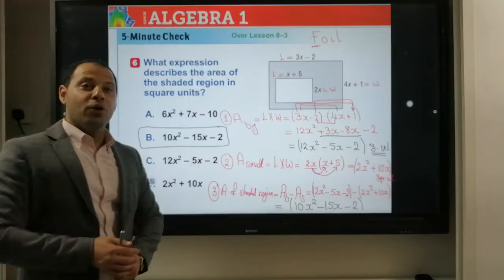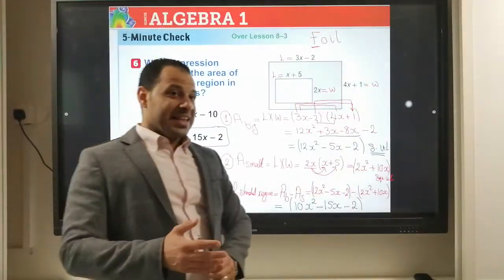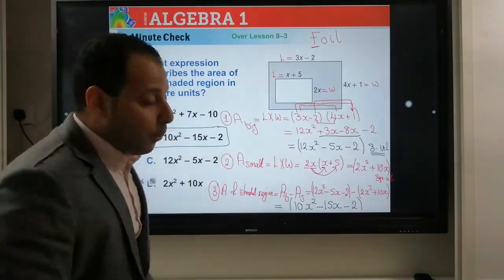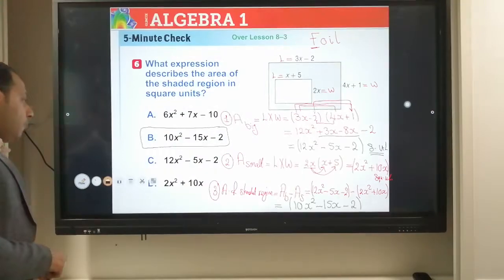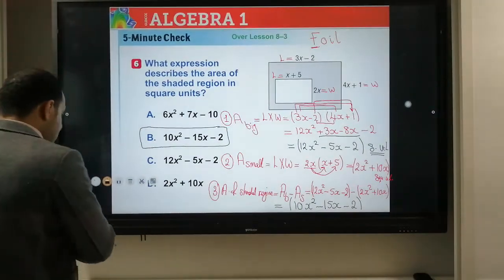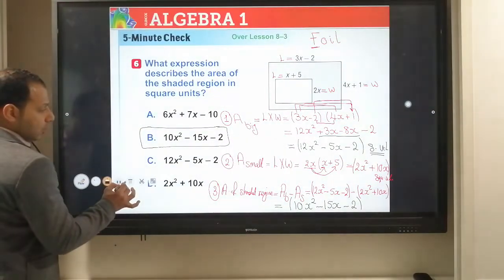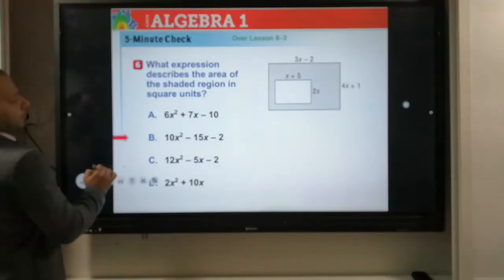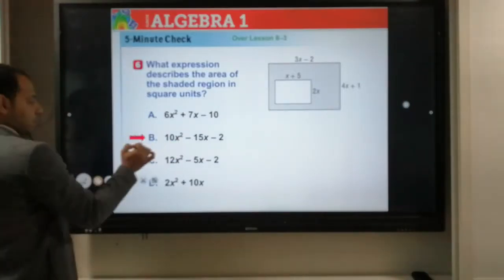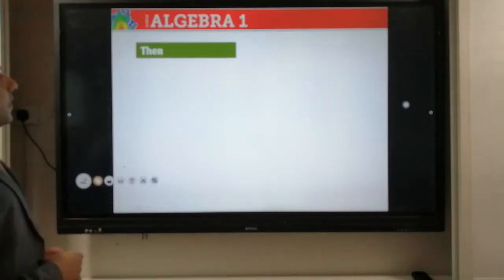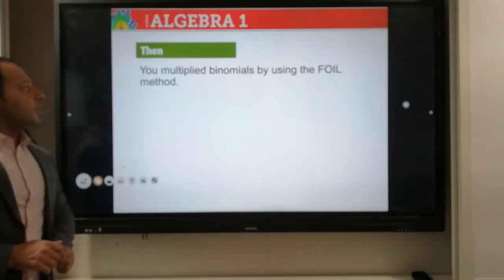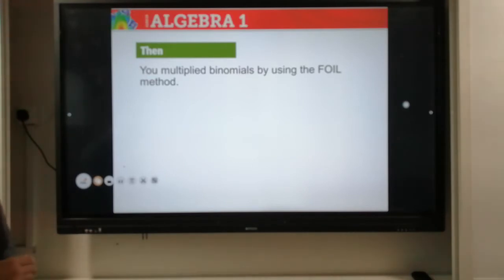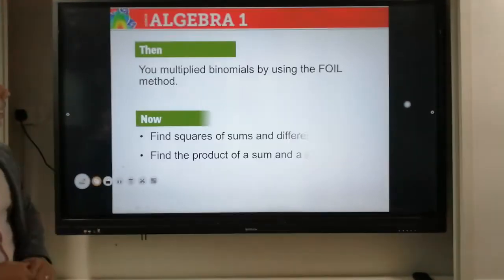So this problem collects all the previous lessons that we are talking about operations on polynomials. Yes, this is our answer as we said, the units. The units only you multiply the binomials using the FOIL method.